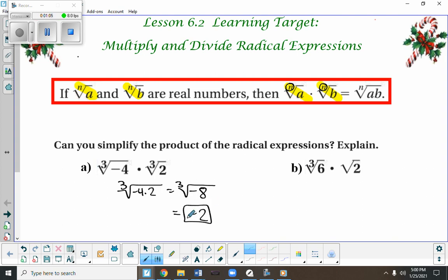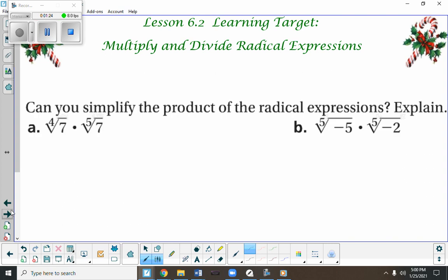Now, in this next example, this is a cube root, this is a square root. N is not the same, so you cannot simplify any more than that. All right, here's another example. In this first example here, you have a fourth root and a fifth root.